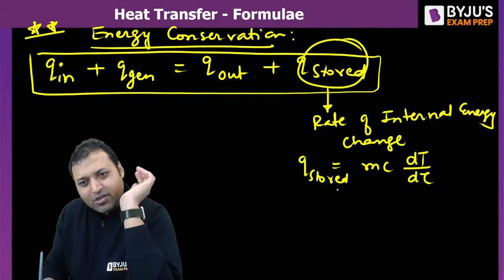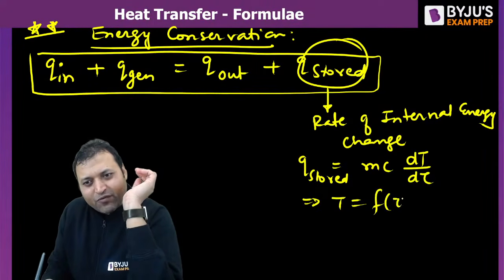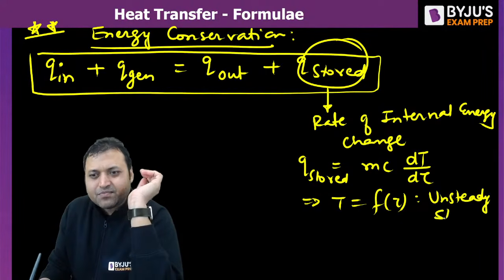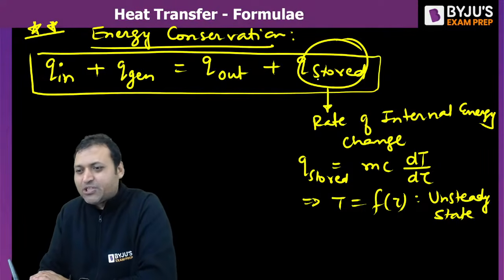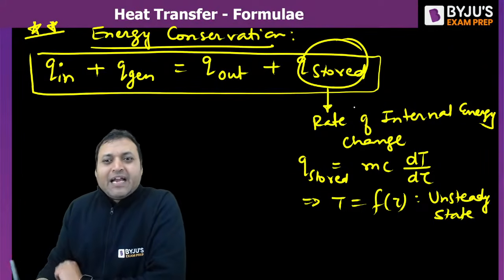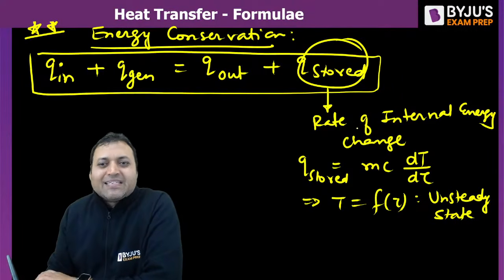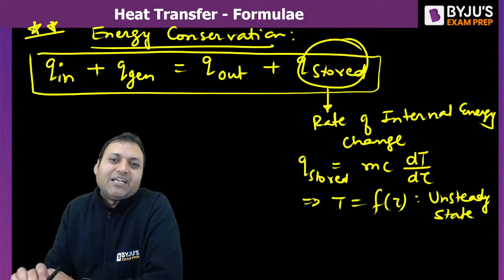That is Q stored. T is a function of time, so the system is in unsteady state. That is about the heat stored. For a rate of internal energy change or unsteady state system, there will be heat storage.